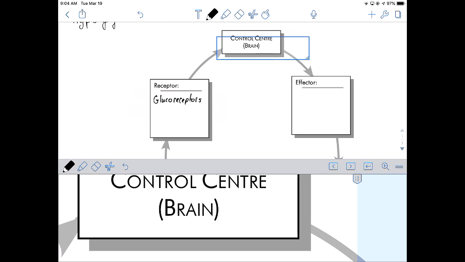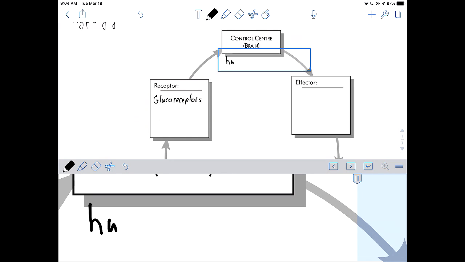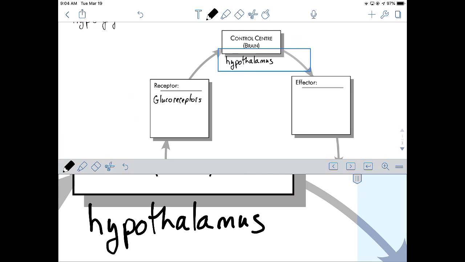And they will send a signal to the brain, specifically our old friend, the hypothalamus again. So we know there are glucoreceptors.